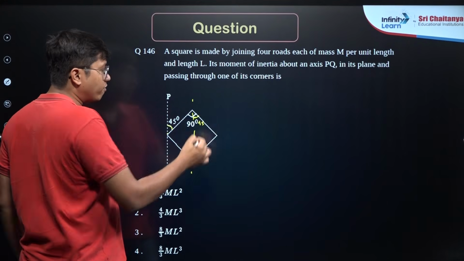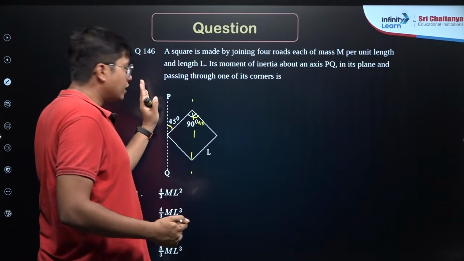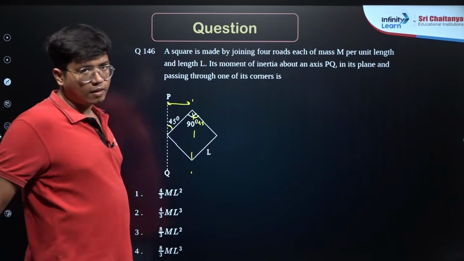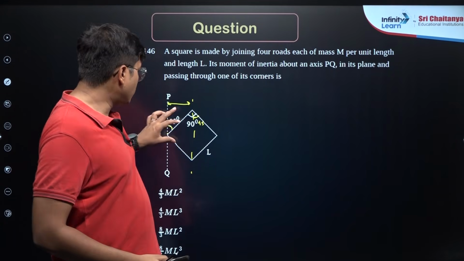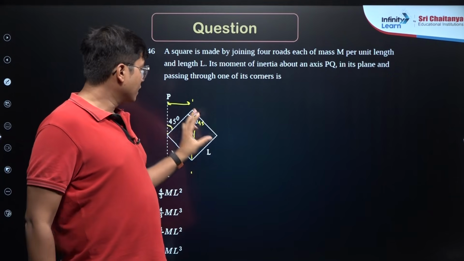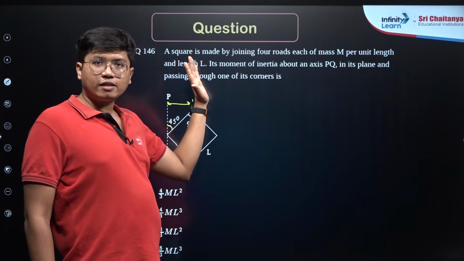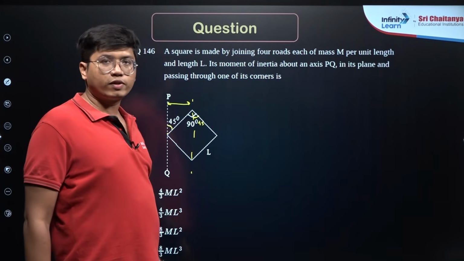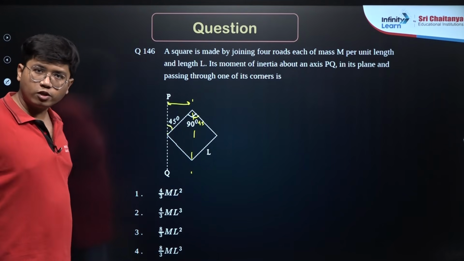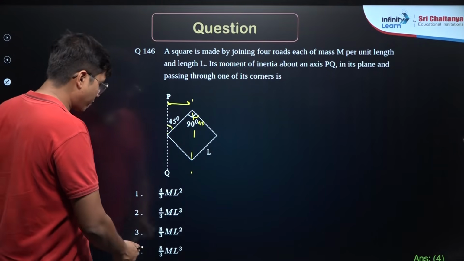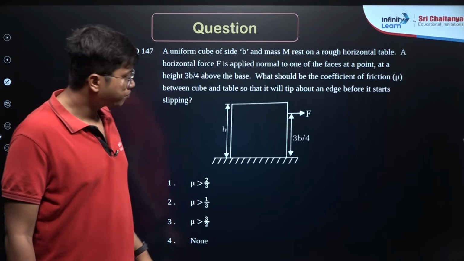Here also it makes 45. Then for these two rods, shift the moment of inertia over here by a parallel axis theorem. Okay, so these two directly you get ml square by 3 sine square alpha. These two rods get about this axis here, and then this moment of inertia about this axis shifted over here, the impact of these two rods. You get the total moment of inertia. Again, not going into the detailed calculation, but you'll arrive at option 4.